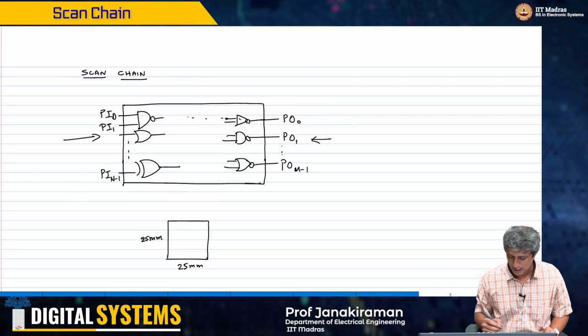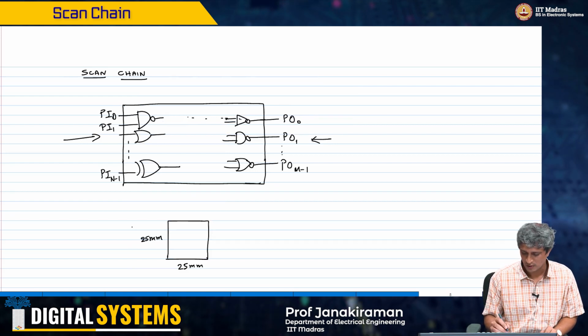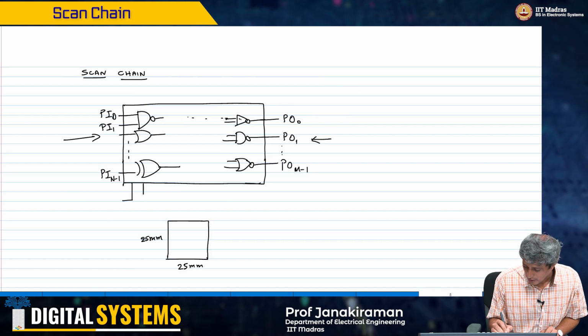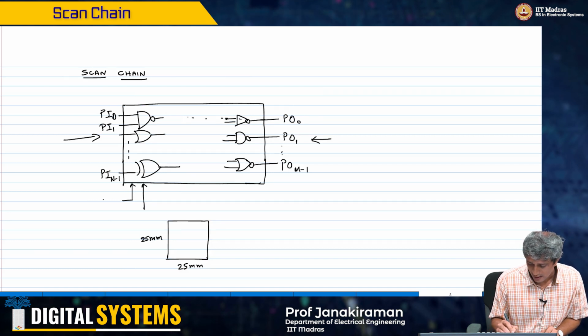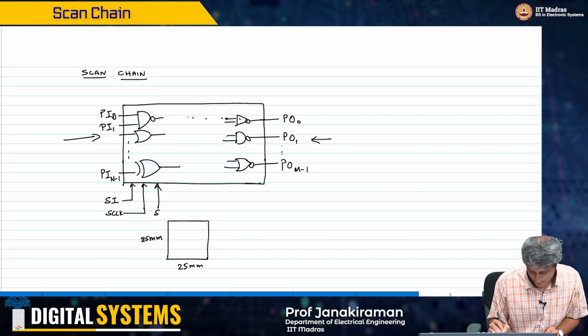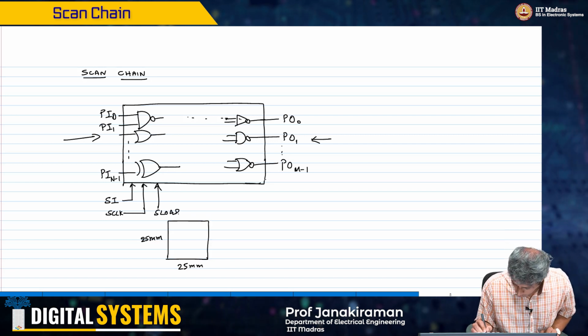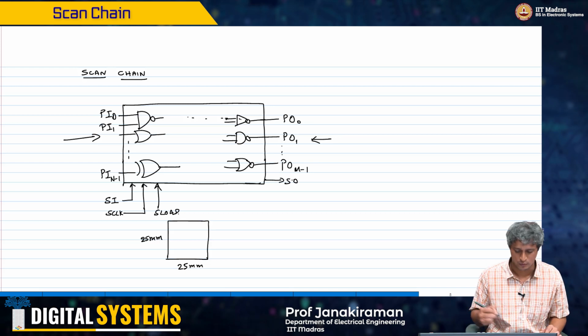So effectively, you have so many primary inputs and primary outputs. Along with this you add two interesting things: one is called the scan in, and the other is the scan clock and the scan load, and as an output you get the scan out.